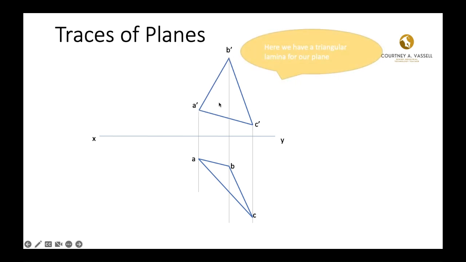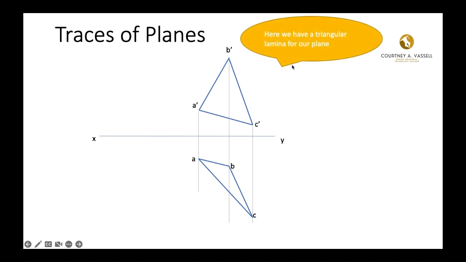All right, so let's go. Here we have a triangular lamina for our plane. Step one, we extend A prime, B prime. Once we extend A prime, B prime, we're going to get D prime. Where D prime touches the XY axis, we're going to extend a perpendicular line down. Which line did we extend up here?